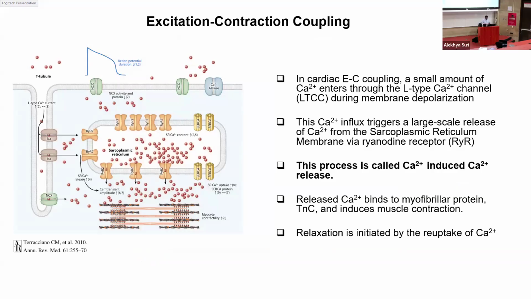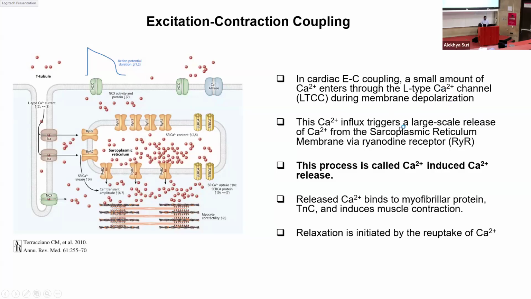So, I already told you what EC coupling, or excitation contraction coupling, is. Once the action potential develops, the calcium channel gets activated, and this is the L-type calcium channel, also shown as DHPR in the previous slide.